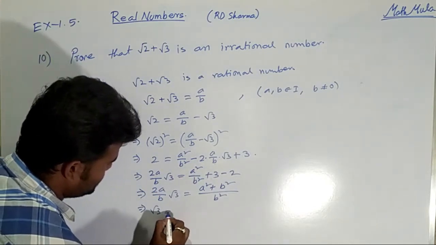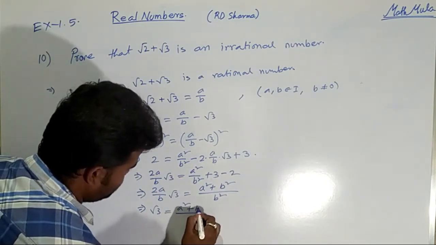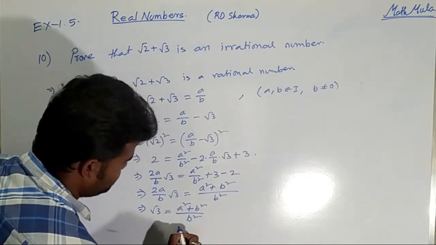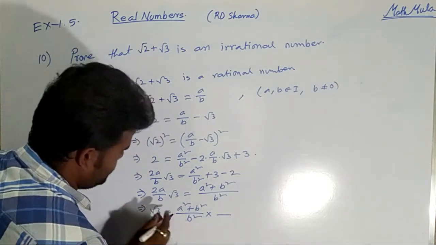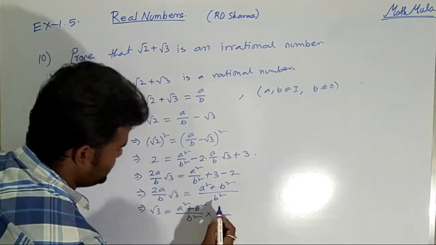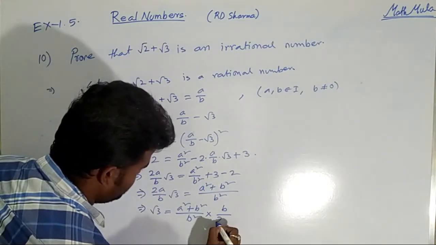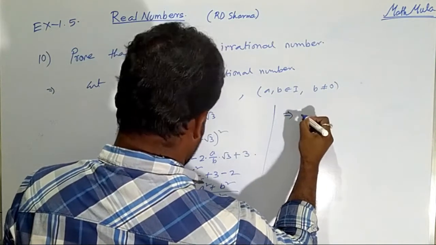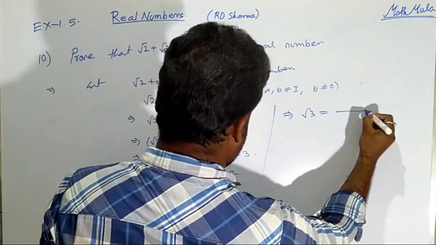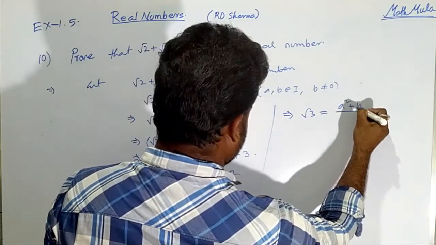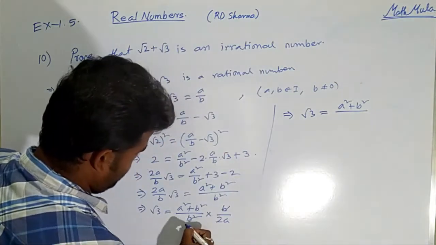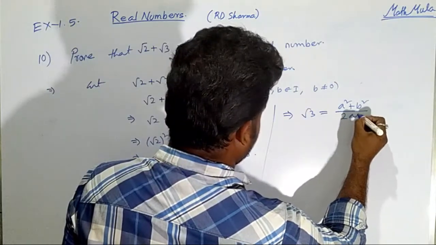Now root 3 is equal to (a square plus b square) by b square into, now take this number to the right hand side, it will be the reciprocal, b by 2a. This is root 3 is equal to (a square plus b square) by b, b will be cancelled, and it will be 2ab.